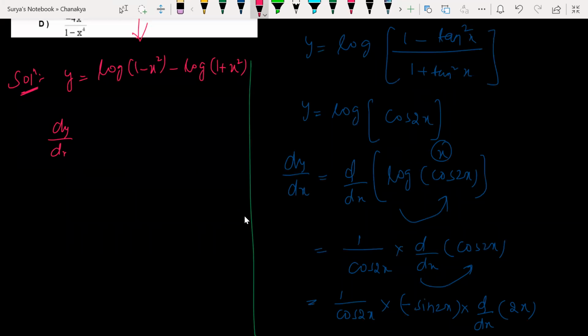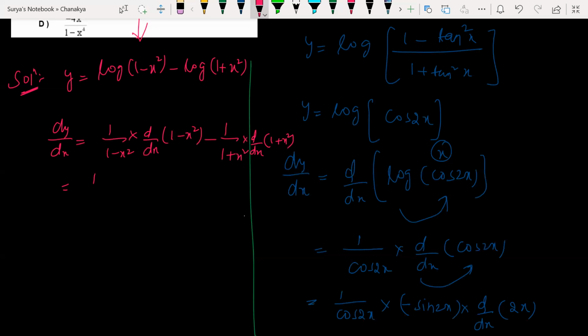So dy by dx is equal to d by dx of log x, which is 1 by x, into d by dx of the inner function, 1 minus x square. Minus d by dx of log x is 1 by x into d by dx of the inner function, 1 plus x square.